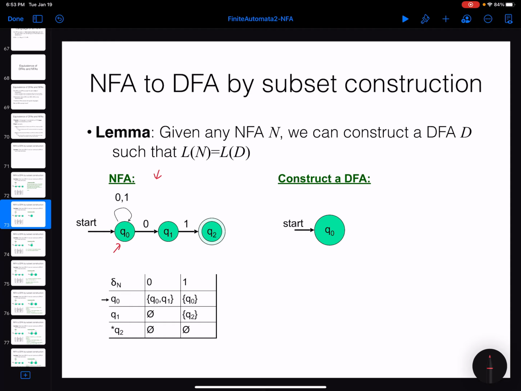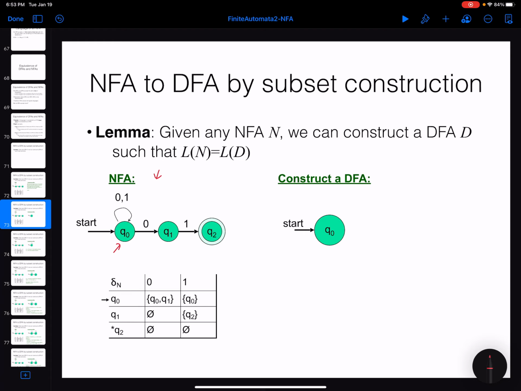Then, if you think about it this way, all possible situations that your machine can be in are all the possible subsets of the states in your NFA. When you are running your NFA, you can be, for example, in the state Q0, or in the states Q0 and Q1, or being in Q0 and being in Q2, all possible subsets.